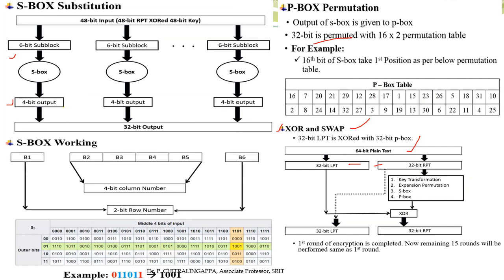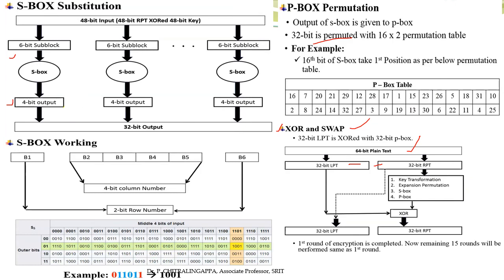Then you apply XOR with the left plain text and the outcome after the P substitution. Then we swap the data. The right plain text is swapped with the left plain text, and whatever value you get after XOR is treated as the right plain text. This is for the first round.